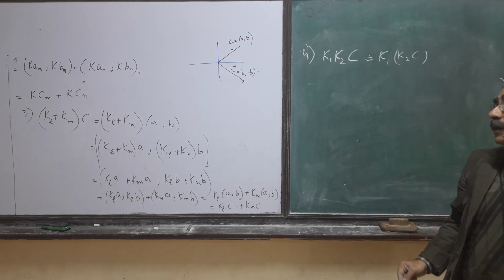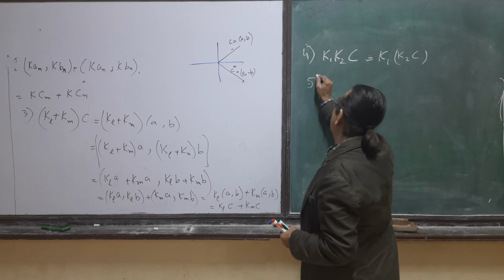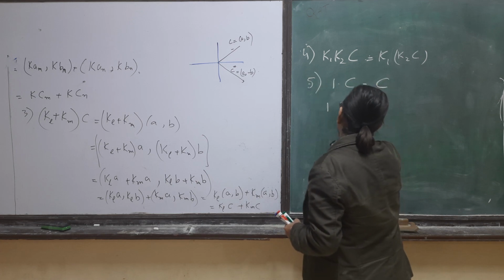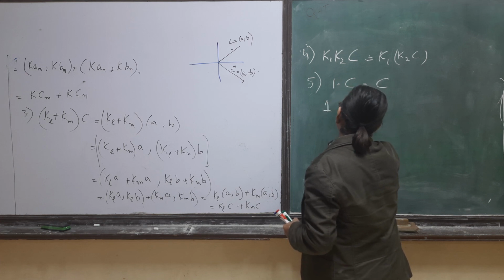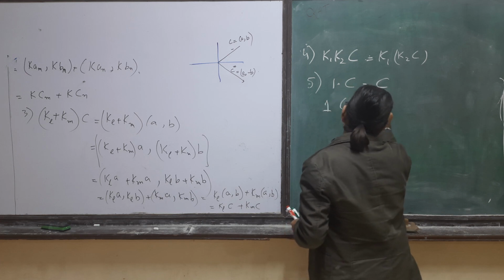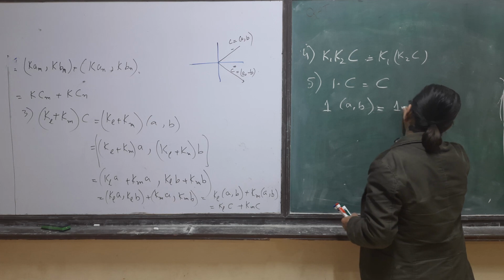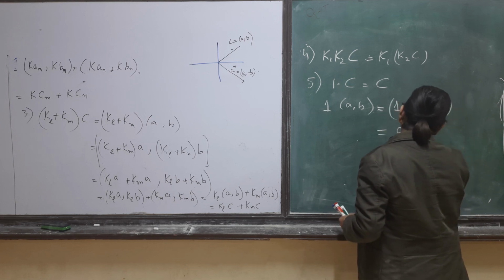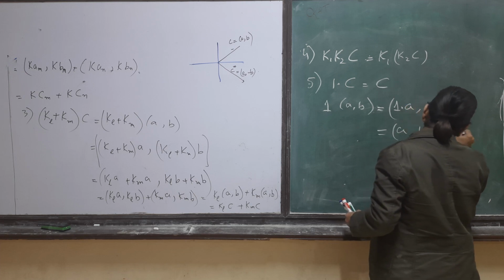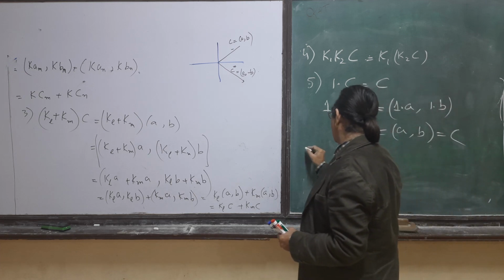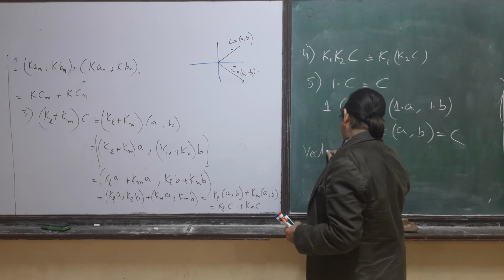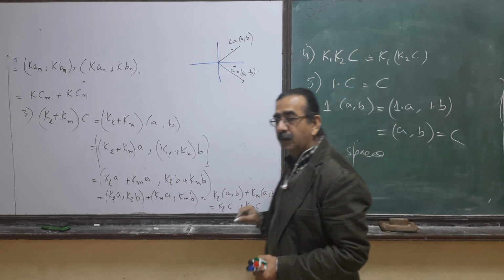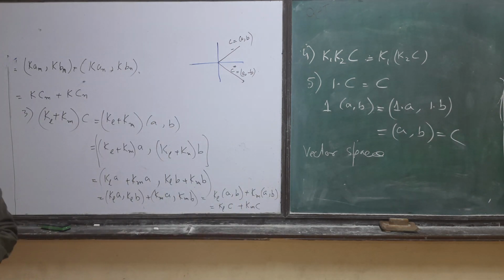And fifth is 1 multiplied by C, it must be C. So this makes a vector space.